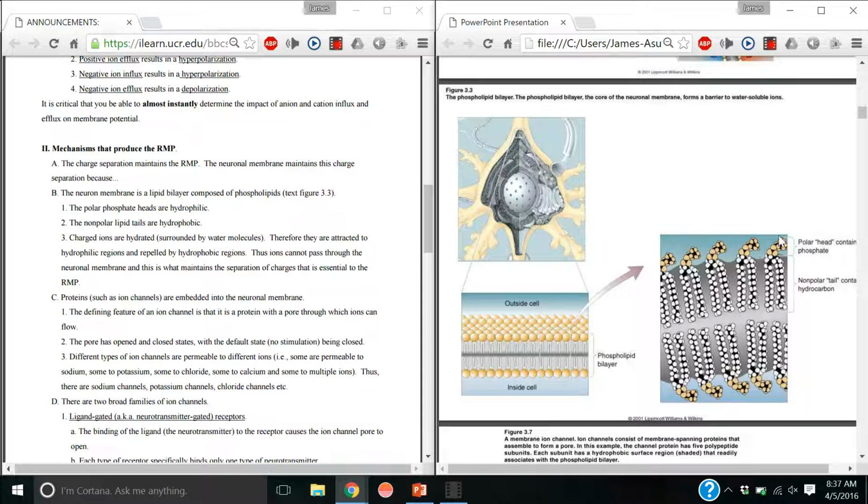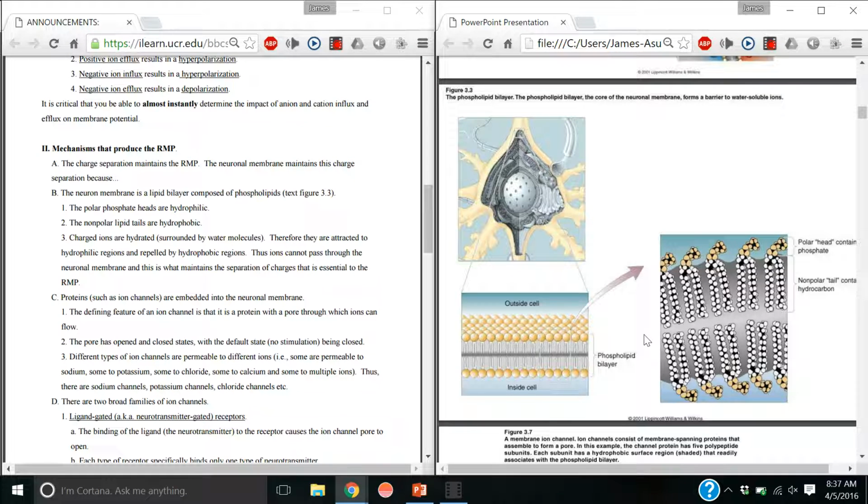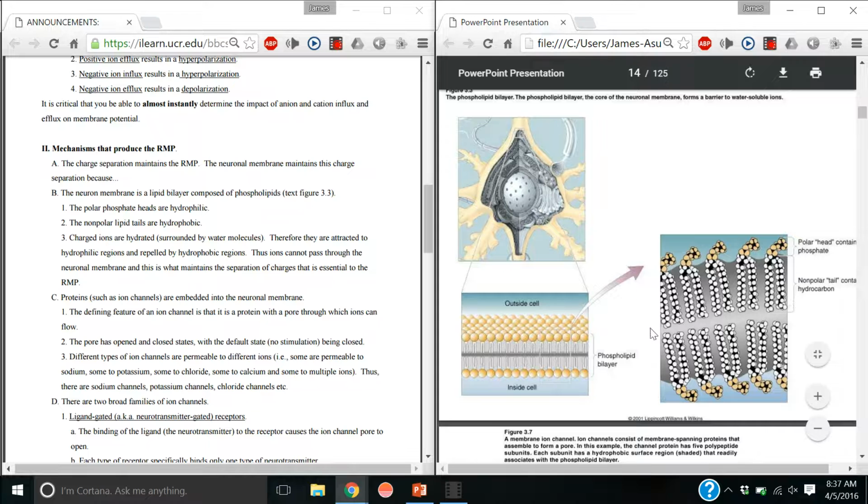In contrast, the intracellular part, the lipid part, is electrically neutral. And as a result of that, the phosphate heads of the molecule are hydrophilic, water-loving. The lipid part of it is hydrophobic, water-fearing, if you will.